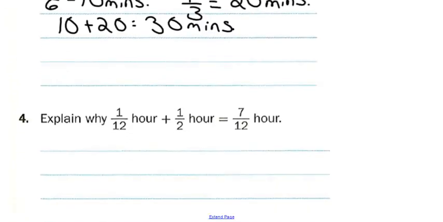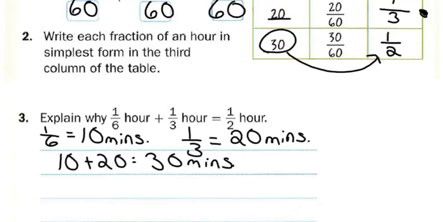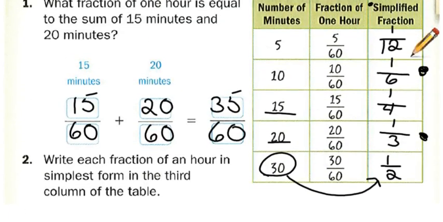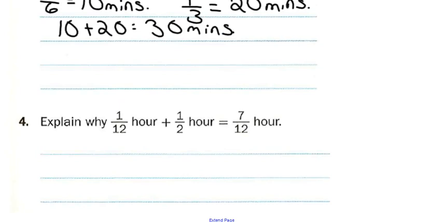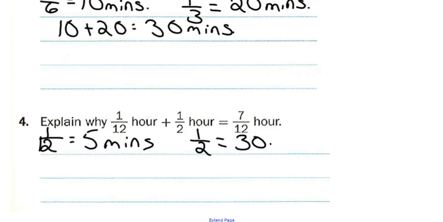Number 4 says explain why 1/12 of an hour and 1/2 of an hour is actually equal to 7/12 of an hour. Again, let's check out this chart. 1/12 is actually equal to 5 minutes. So 1/12 of an hour is equal to 5 minutes. And then 1/2 of an hour, we said up here was 30 minutes.